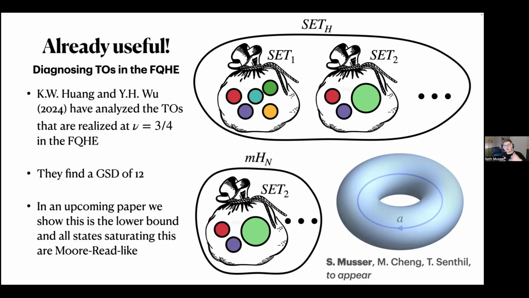And so then you can construct all possible powers. And if you establish some lower bounds, and I'll walk you through how to do this in the quantum charge liquid case, you can see that all the possible states, which have a ground state degeneracy of 12 at this filling, are Moore-Read-like. I don't know if that answers your question. Yeah, it's helpful. Thanks. Okay, cool.